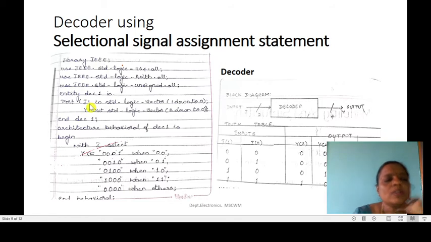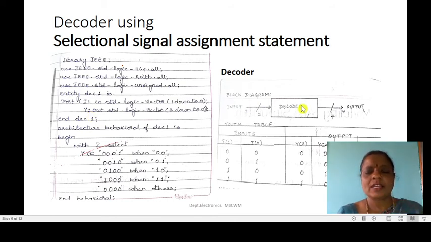So here, port in standard logic, and I have taken a vector data type, because it has two inputs. How many outputs are there? There are 4 outputs, that is 3 down to 0, and for the inputs 1 down to 0. Remember that whenever you write down to, the first should be the big number and the last the lowest number.